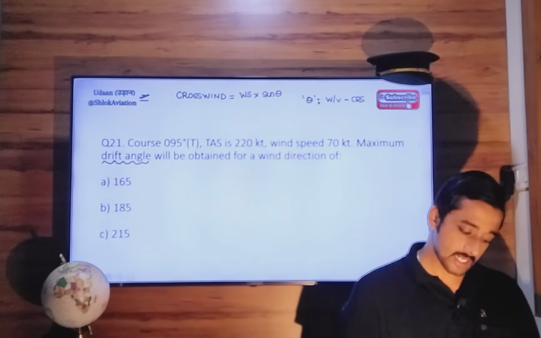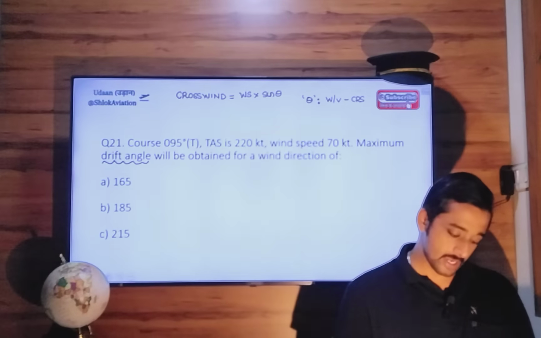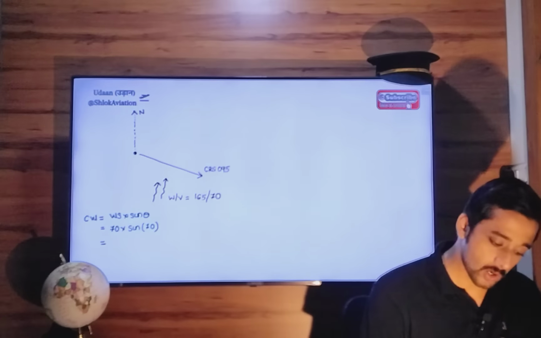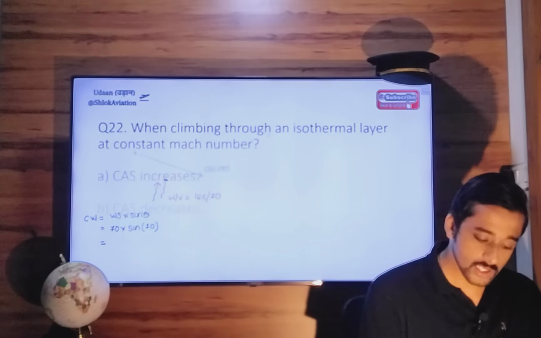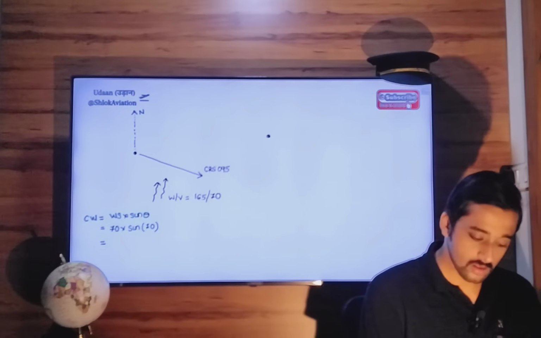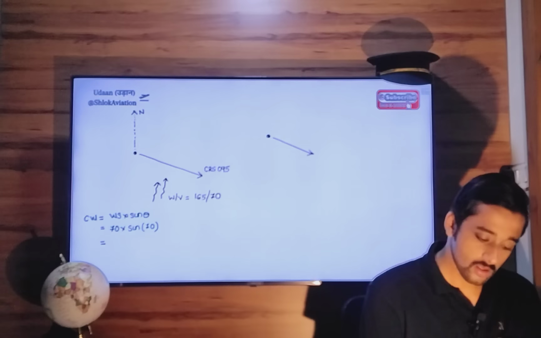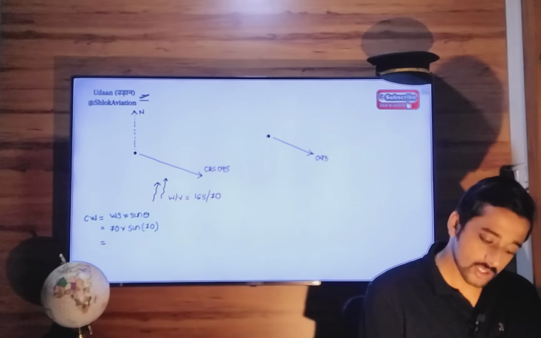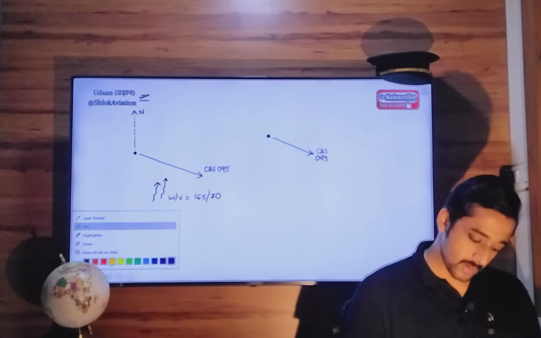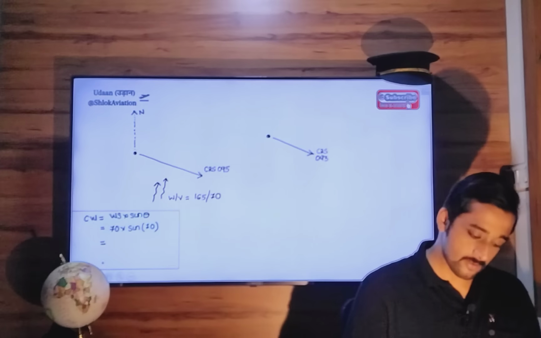Next, let's explore the second option. The second option states the wind is coming from 185 degrees. Let's say this is your course of 095, and winds are emanating from 185 degrees.